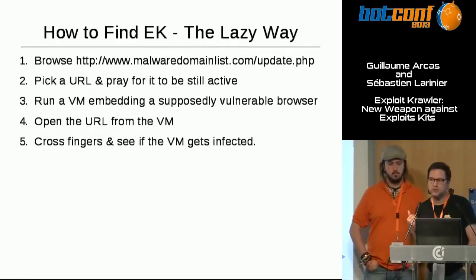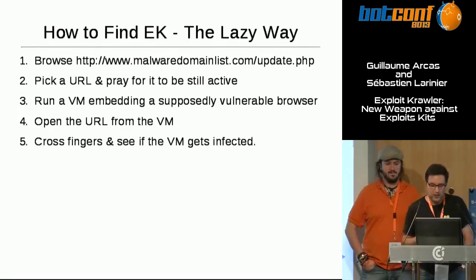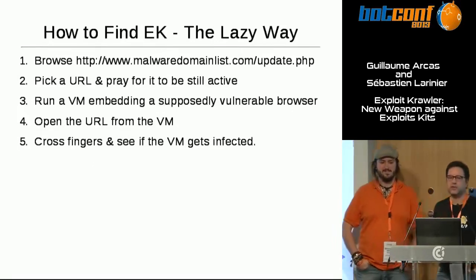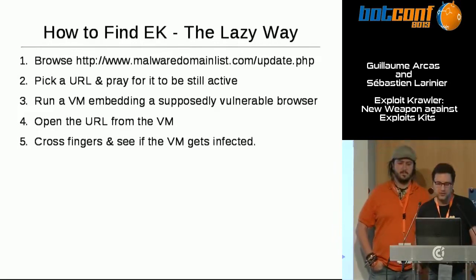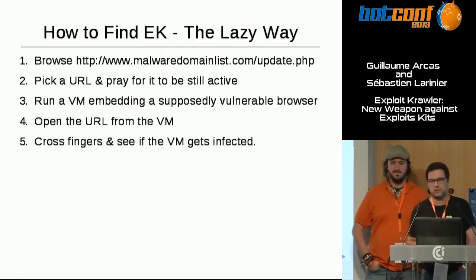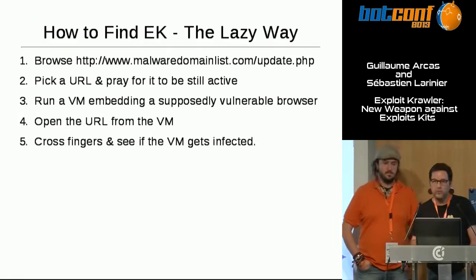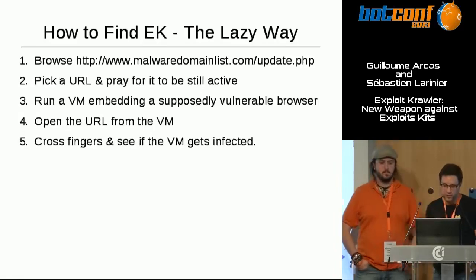So how to find exploit kits? The easy way is to browse some websites like Malware Domain List and just get the list, pick a URL, hope it's still active, hope that someone like Malware Must Die didn't just cut the domain. Run a VM embedding some vulnerable software like Internet Explorer, for example.